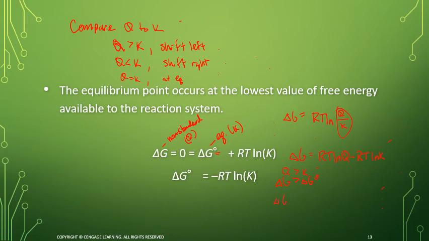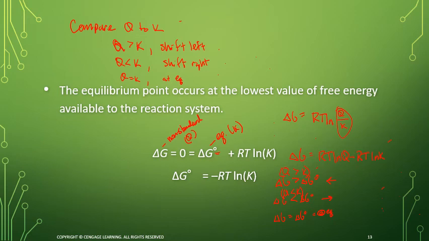If my delta G is less than my delta G naught, now that would be the same thing as saying my Q is less than the value for K, so I know that that means that my reaction would now shift towards the right for a particular reaction. And if delta G is equal to delta G naught, then that means that it's at the equilibrium for a particular reaction. So we can use those values when I compare Q over K. If it's equal to 1, then I know that the ln of Q over K would be equal to 0, because the ln of 1 is equal to 0.